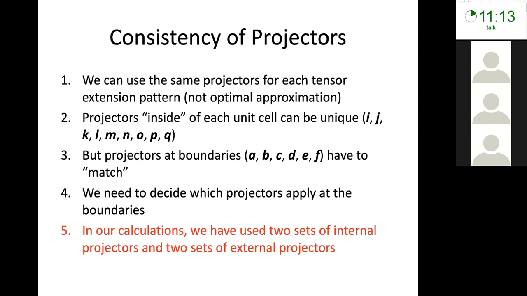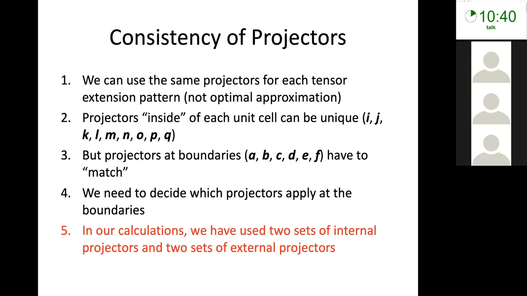So we need to decide which projectors to apply at the boundaries. In our calculation, so this very simple solution, we just use 2 sets of internal projectors and 2 sets of external projectors. And of course, this is not the only way how to do that. There might be even better ways, but this is simple, and it gave us numerically stable results.